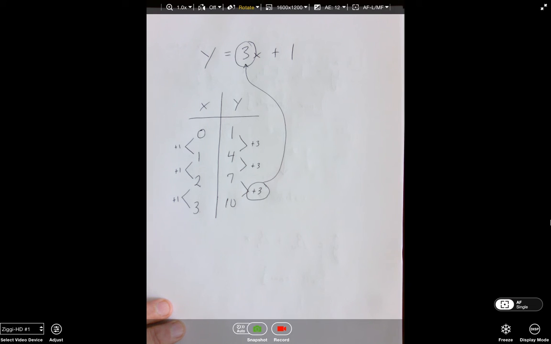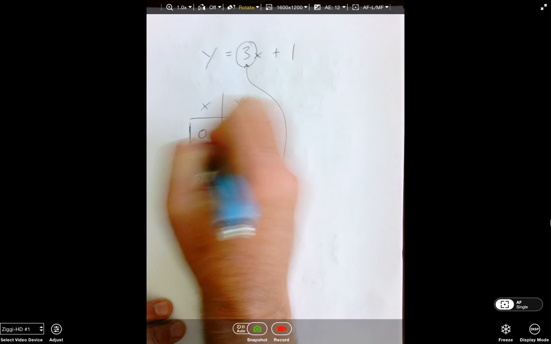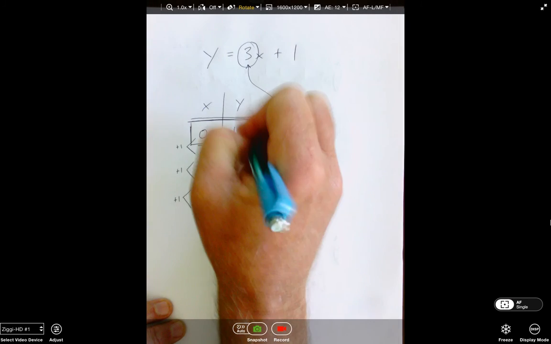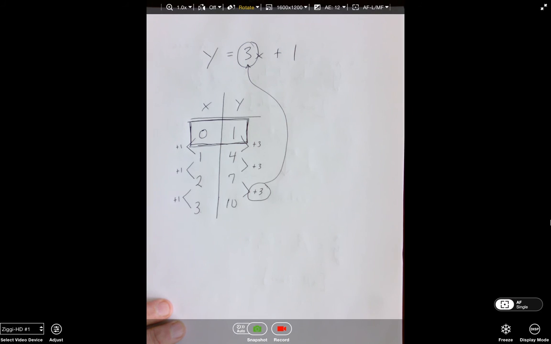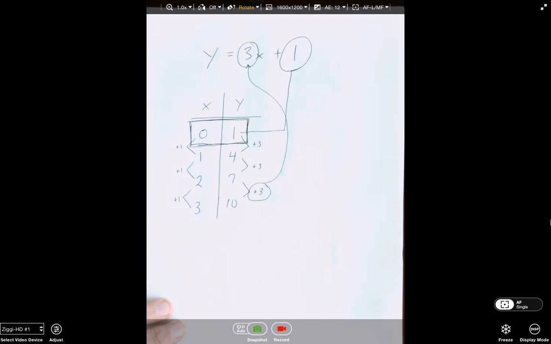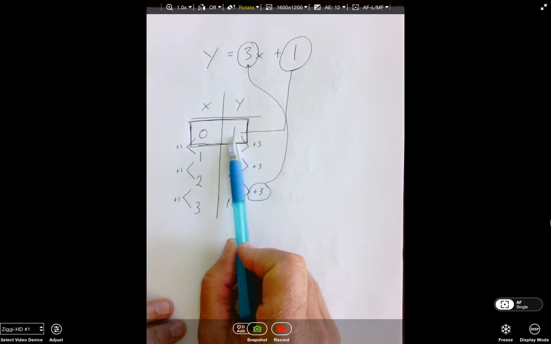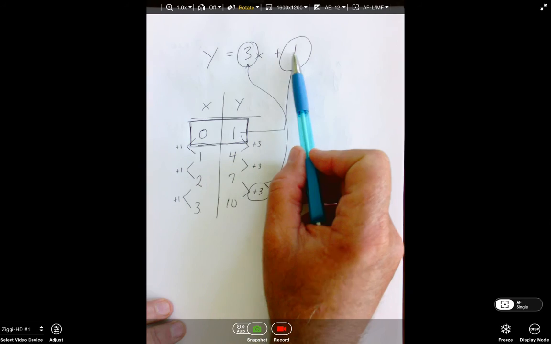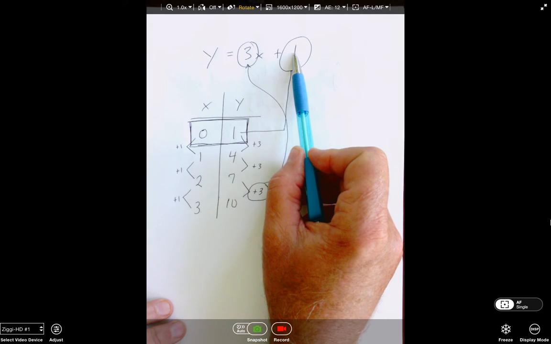Now, if you were taught well, your teacher should have also shown you that the y value for this line when x is 0 will always be the y-intercept, because it is exactly the definition of the y-intercept. It's the value of y when x is equal to 0. That's the interpretation, the definition of a y-intercept.